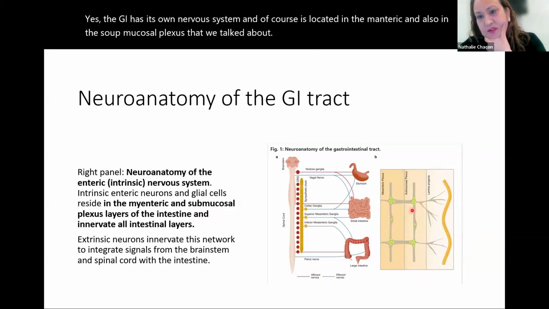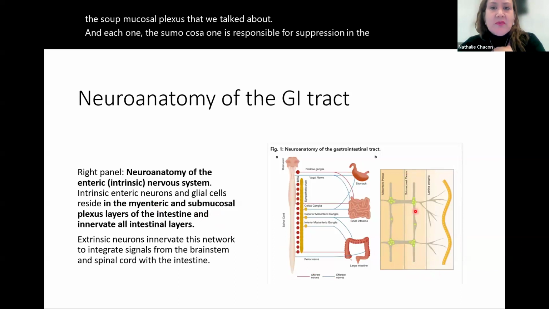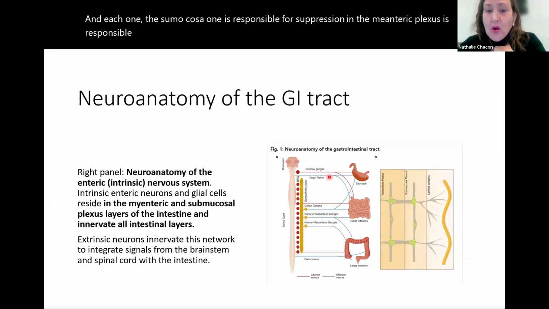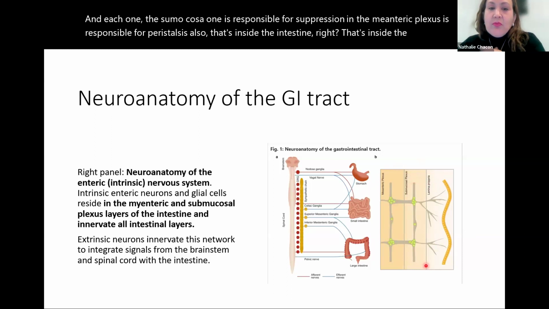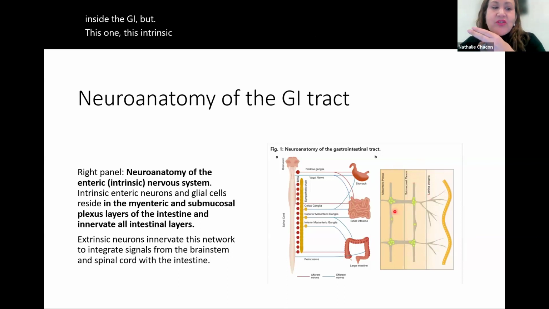And each one, the submucosal one, is responsible for secretion, and the mesenteric plexus is responsible for peristalsis. Also, that's inside the intestine, right? That's inside the layers, that's inside the GI. But this intrinsic nervous system connects to the extrinsic neurons, right?